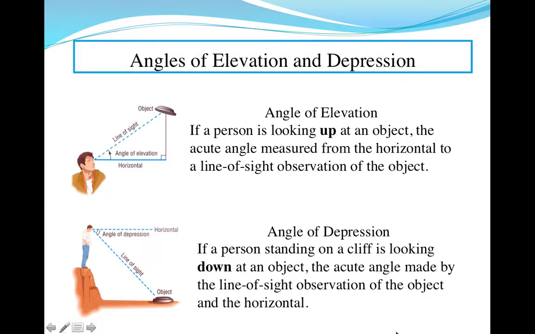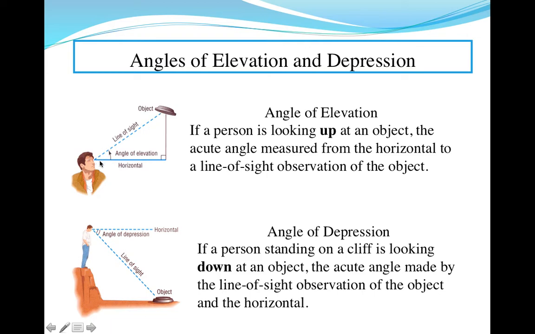All right, angles of elevation and depression. This is a review from geometry if you took Algebra 1, Algebra 2, and geometry, or should be from Math 2 or Math 3 if you took Math 1, Math 2, Math 3. The angle of elevation: if a person is looking up at an object, the acute angle that's measured from the horizontal. Here's the horizontal, your horizontal line of sight, and then your elevated line of sight.